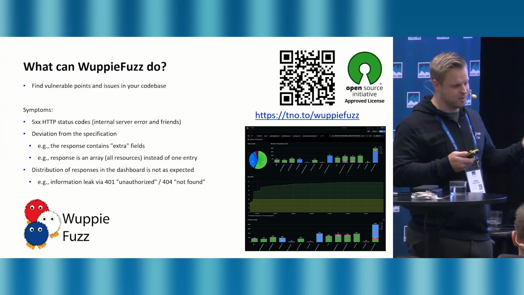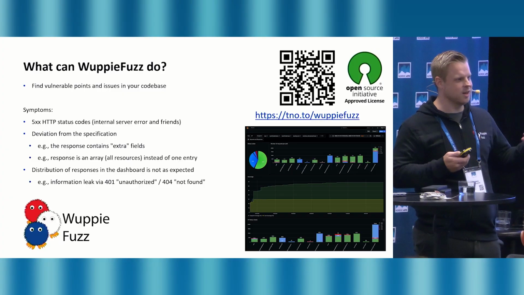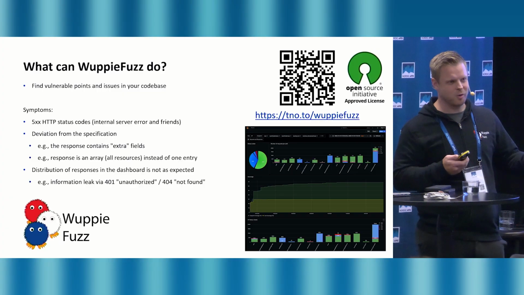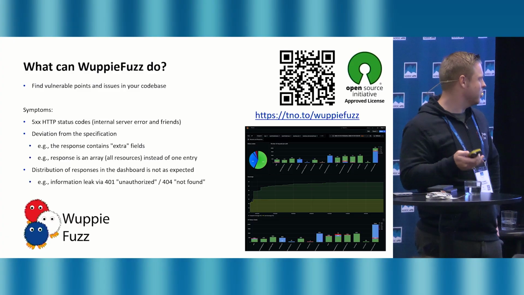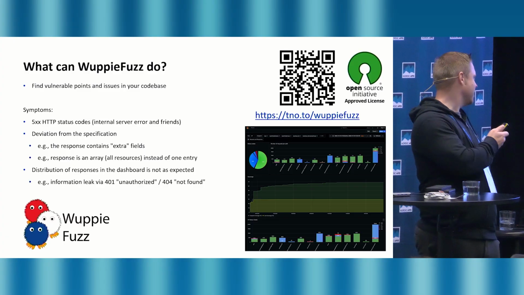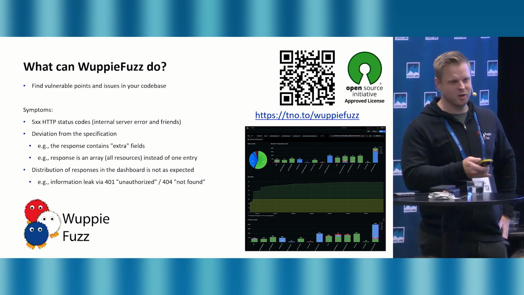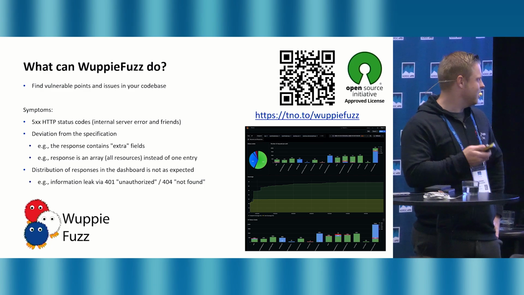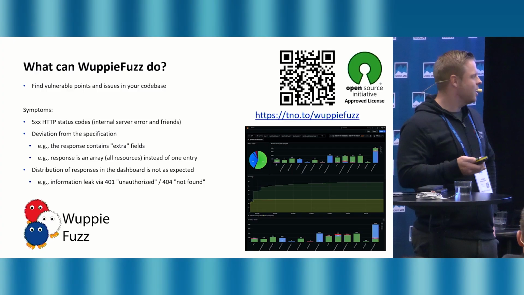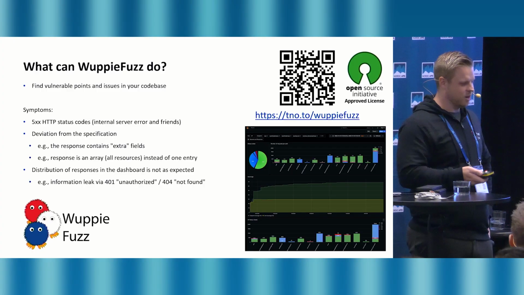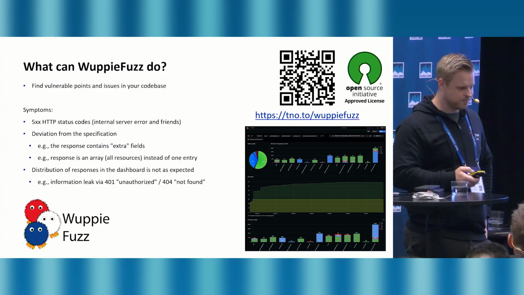For instance, take GitHub. If you're not logged in properly or don't have the authorization to view a certain repository, you will get a 404 not found. If you would get a 401 unauthorized, you would know that this repository actually exists. So that's something you might want to prevent. Those kinds of issues can also be spotted using the dashboard.